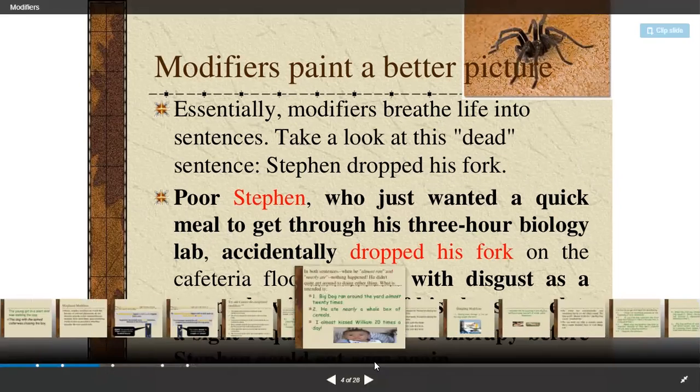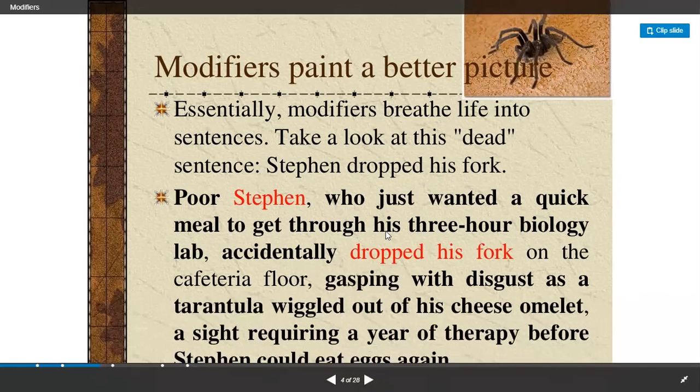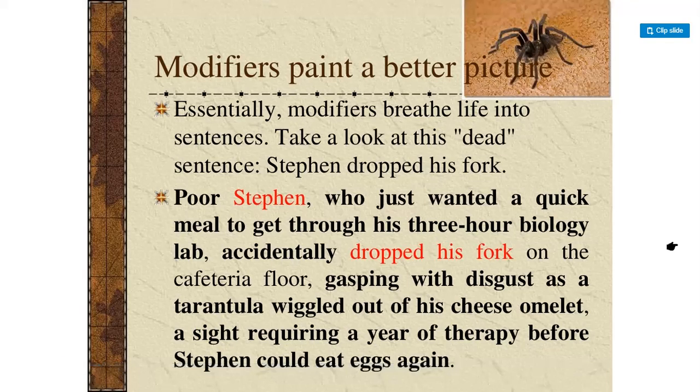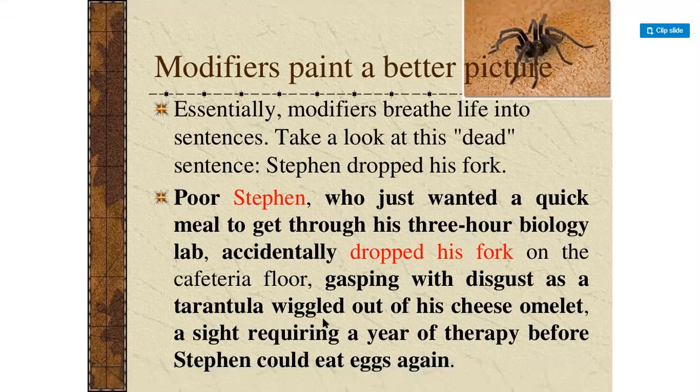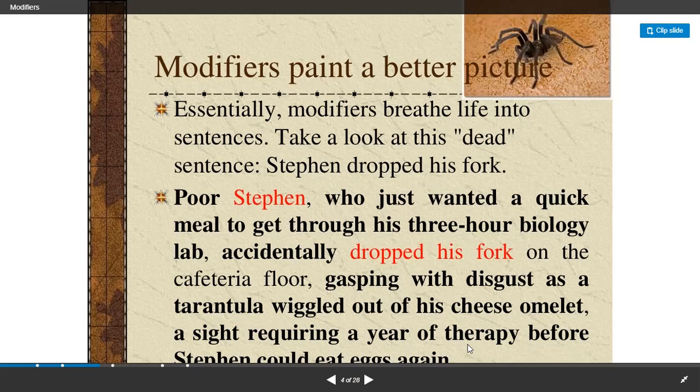No. So the more details I added, for example, he dropped his fork, he's so scared, and then accidentally, he didn't notice there was a bug in there. And then after that, he gasped with disgust, like, ew, you will feel how disgusted he was. And when I say the tarantula wiggled, it's moving so fast, you will feel the fear in your heart. All of these things give you more image.